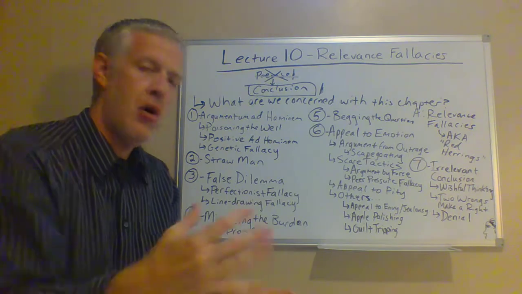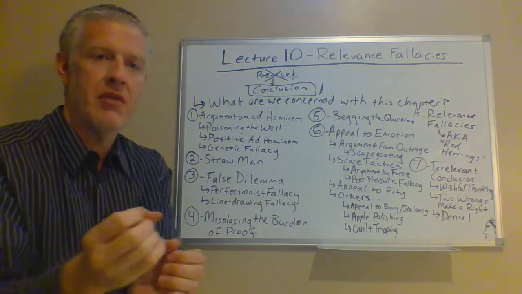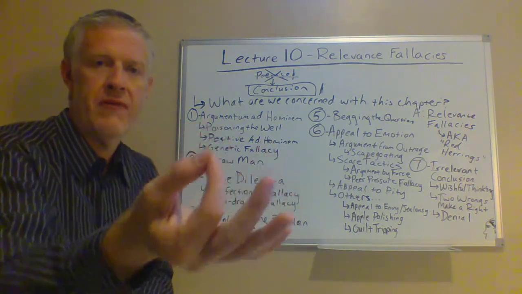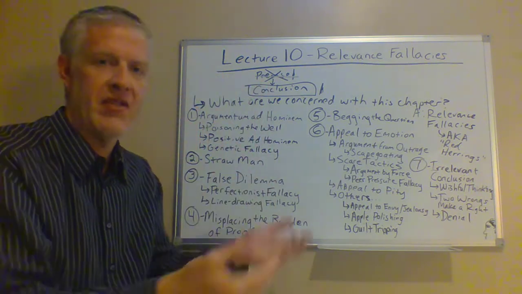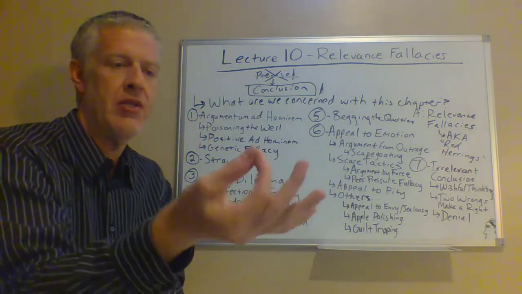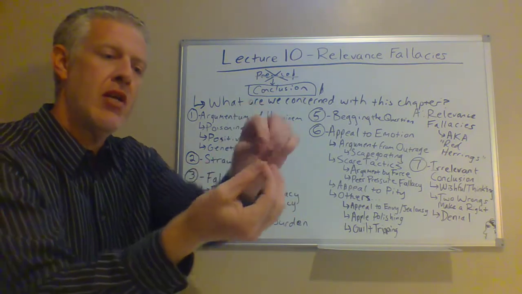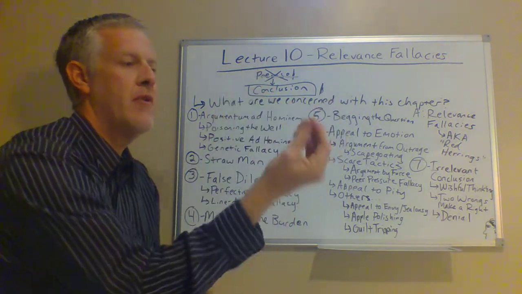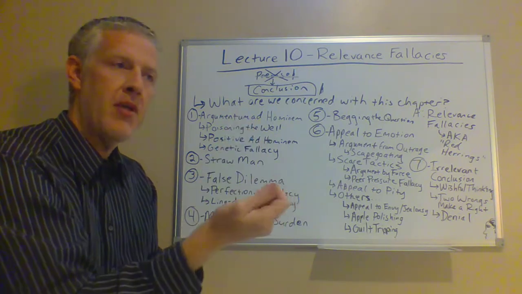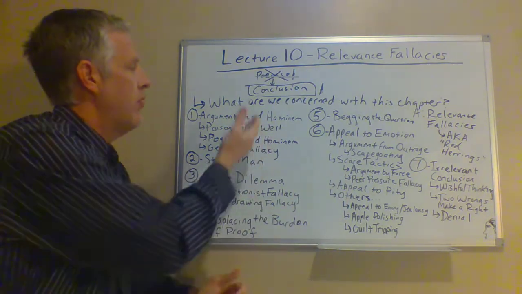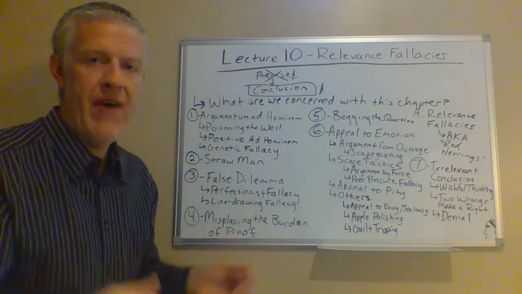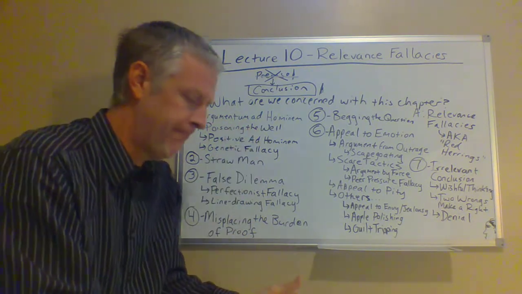When the person instead is drawing our attention to the character of the person, for whatever reason, whether they're switching their view, that's one type of example the authors get into. Whatever the case is, if they're drawing our attention to some element or feature of the source of the argument, the person offering the argument, rather than the argument itself, that is what we mean by ad hominem fallacies, or argument ad hominems.